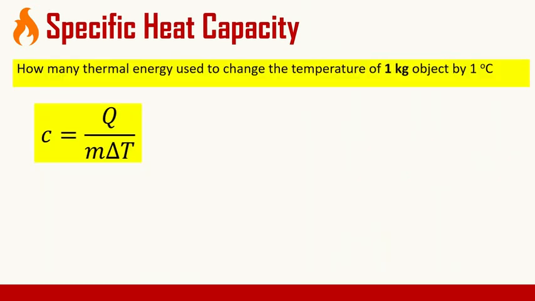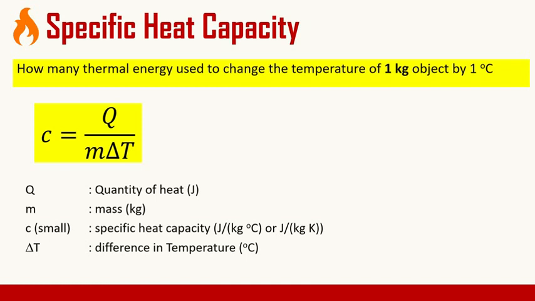Okay, now for the specific heat capacity, from the definition we can also use the equation. C equals Q divided by m times delta T. It looks similar to the thermal capacity, right? But here, the difference is, what's that? We have mass on the bottom. And here, the unit of the specific heat capacity will be different compared to the thermal capacity.